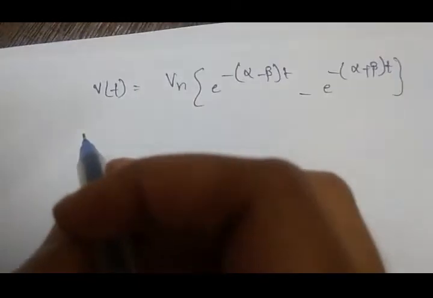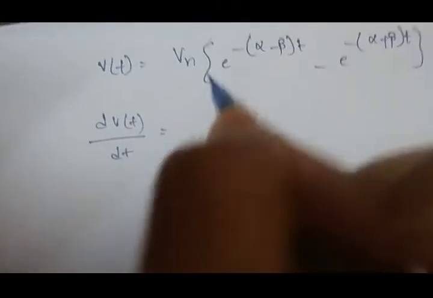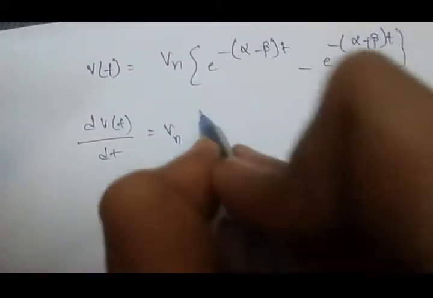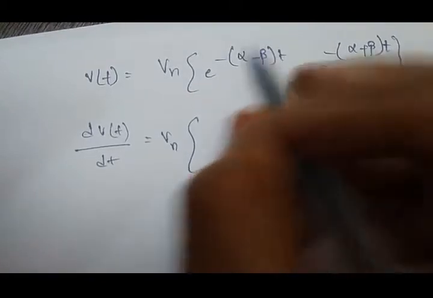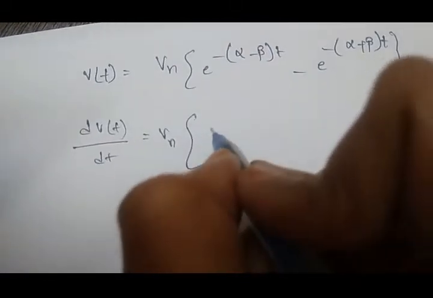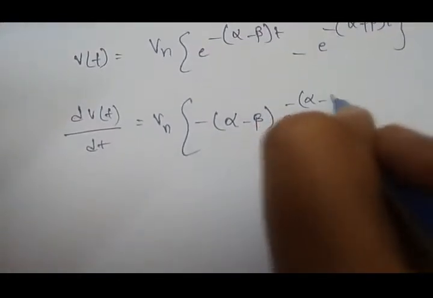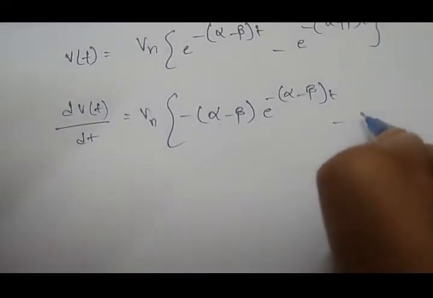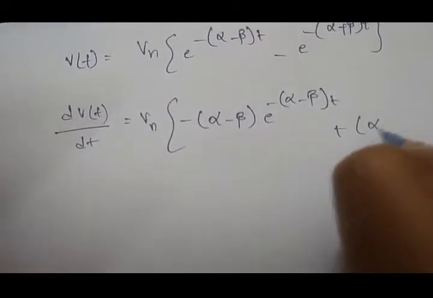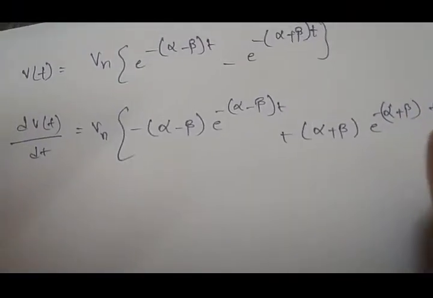Take the differentiation of this equation. So dv(t) by dt equals your magnitude Vm. So take this as the t element. So it will be minus alpha minus beta e power minus alpha minus beta into t, minus, so minus of minus, plus alpha plus beta e power minus alpha plus beta into t.